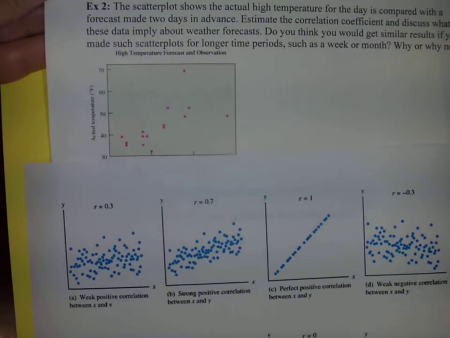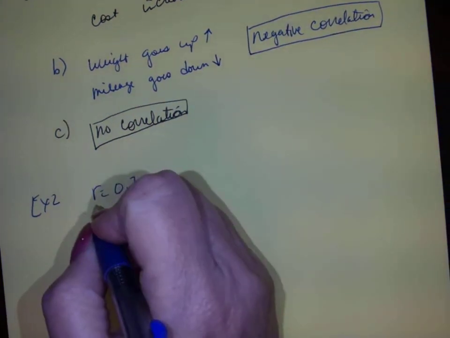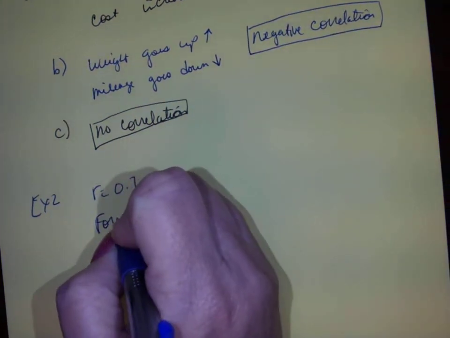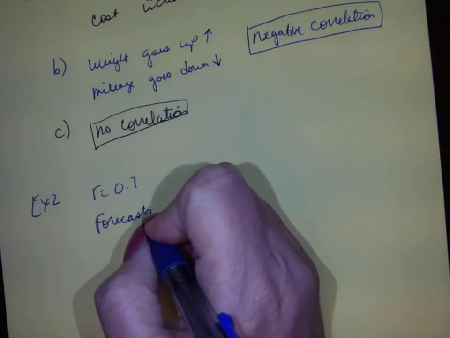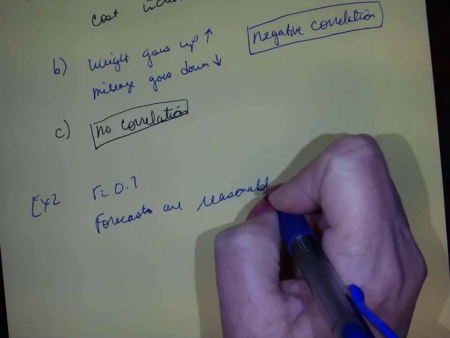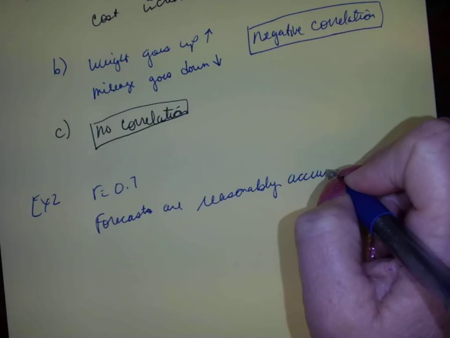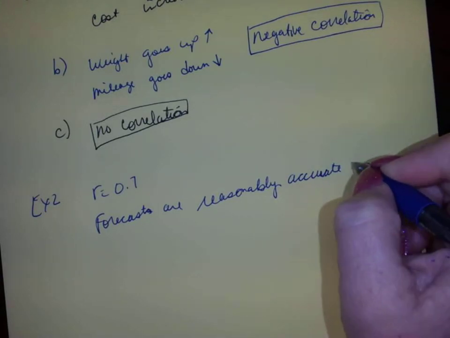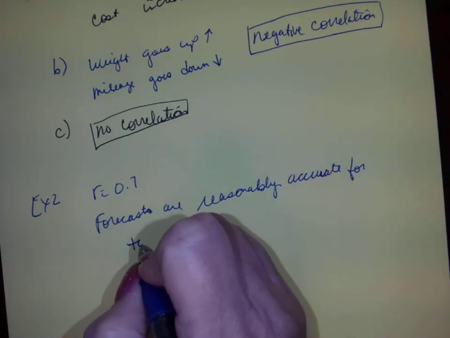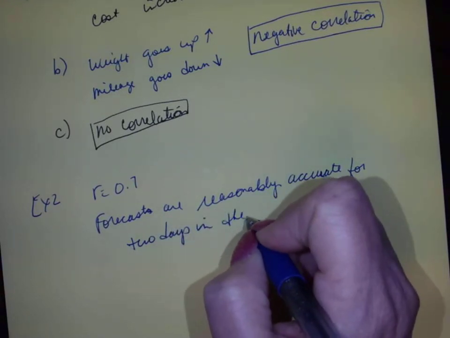And so we're going to do the 0.7, and we're going to say that forecasts are reasonably accurate for 2 days in the future.